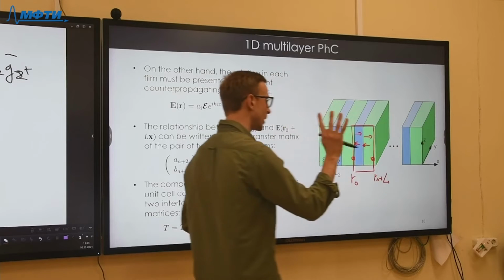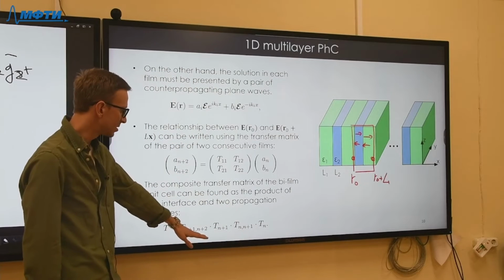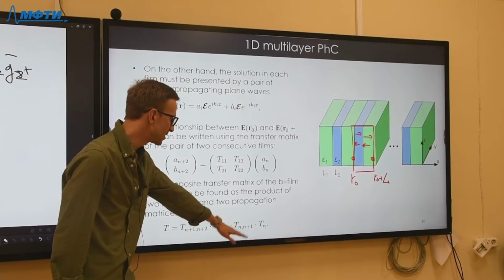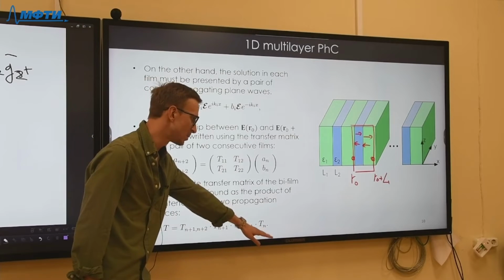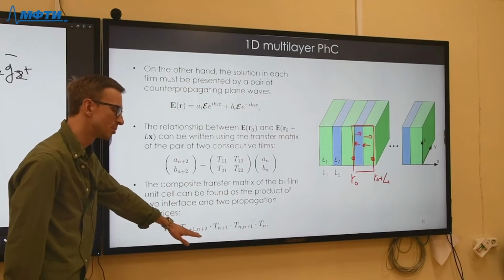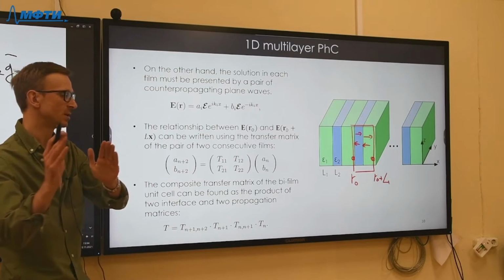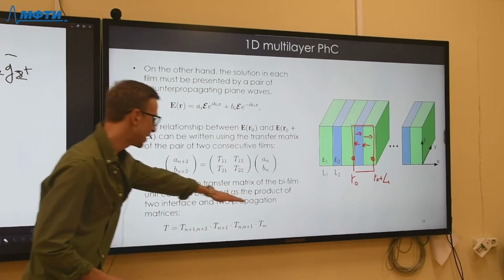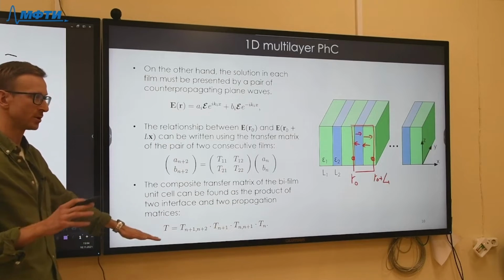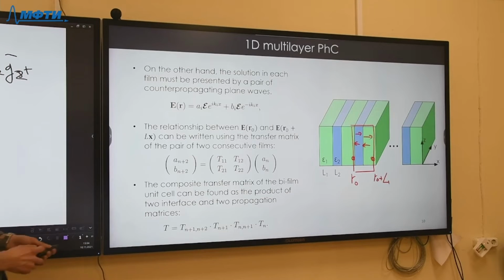So these are 4 elements that are accounted for by these 4 transfer matrices: the interface transfer matrix, the film transfer matrix, another interface, another film, and we stop. We don't include another interface because then it's going to repeat this, and we don't want repetition. That would be incorrect. So we have 4 primitive elements in our system. We multiply these 4 transfer matrices in the correct order, because as you remember, the order in which you multiply transfer matrices is really important, and multiplication of matrices isn't commutative.